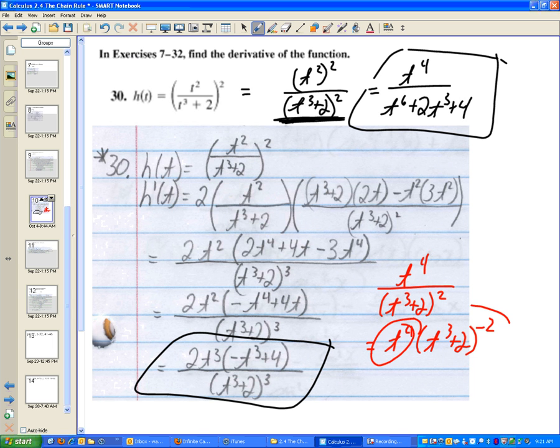That's the first function, that's the second. But when I take the derivative of that second function, what will I have to use? The chain rule. And I'll end up with a negative exponent in my answer. And do I leave negative exponents in my answer? So I'll have to go through a whole big process of getting rid of that negative exponent.